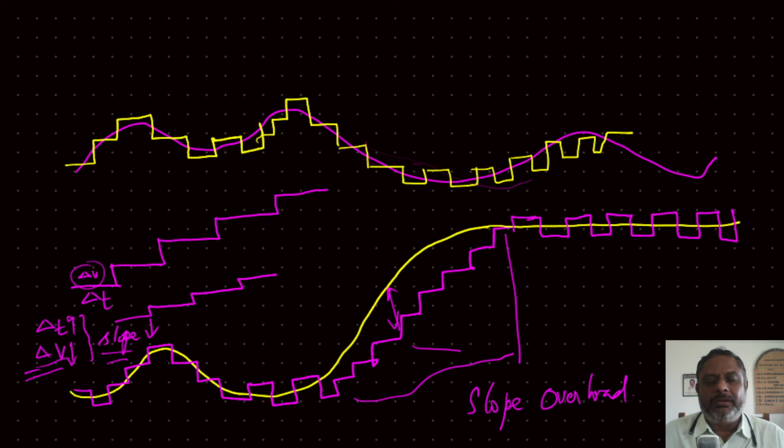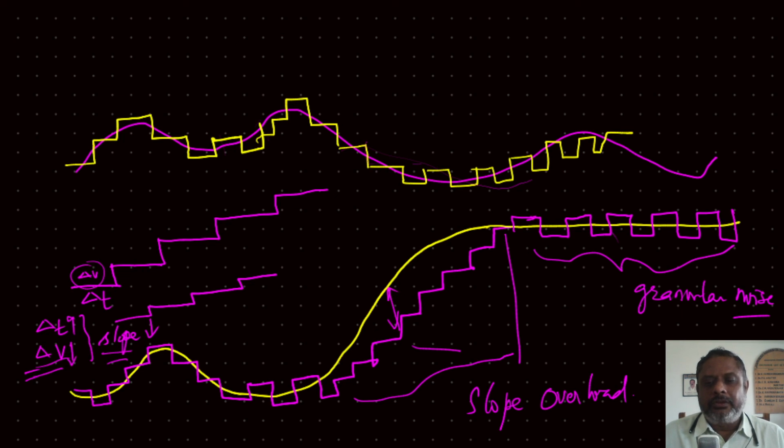So unnecessarily on the other end, you are making the receiving end compute +1, -1, +1, -1, whereas you could have just said don't change anything. This is unnecessarily making the receiver do extra work, though it was not required. This is what we call granular noise.